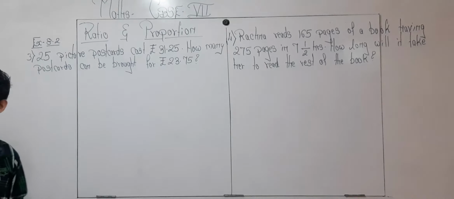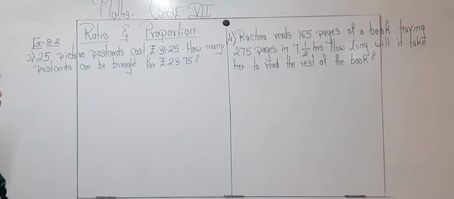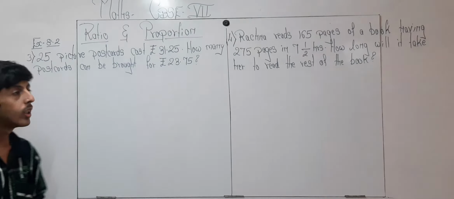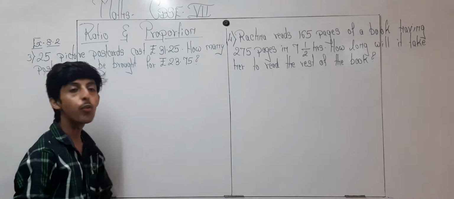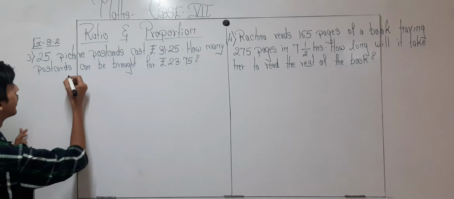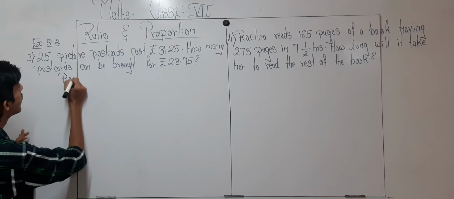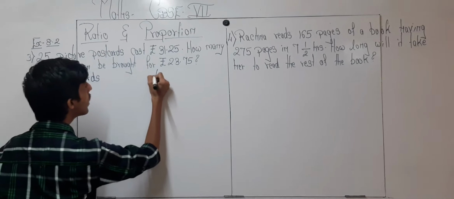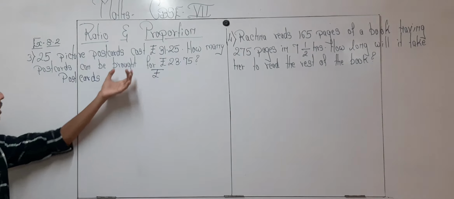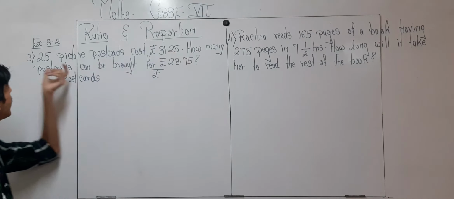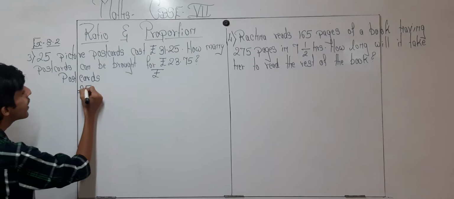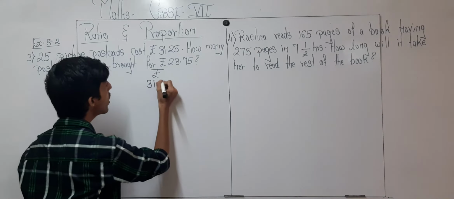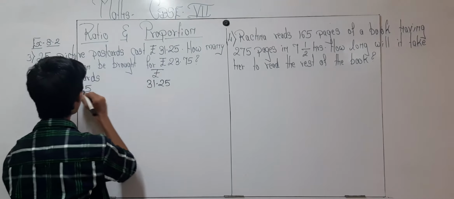Okay, now starting question number 3. 25 postcards cost 31.25 rupees. See over here, postcards are given, and rupees are given. So 25 postcards are there, and the cost is 31.25 rupees.